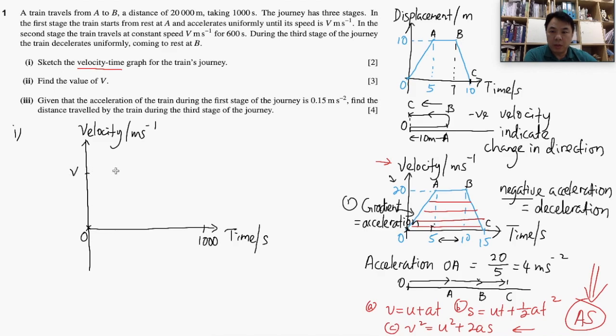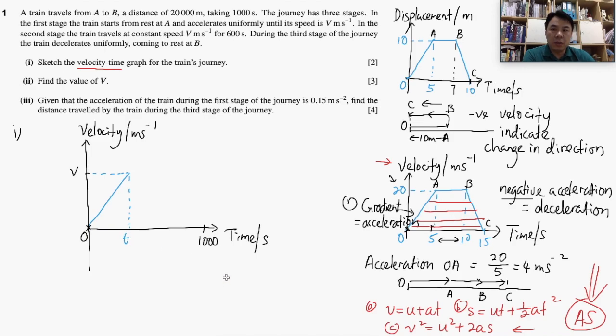So maybe I mark down v here. Now the question here is, I have no idea how long it takes for it to accelerate to reach a speed of v here. So I just write down t then.